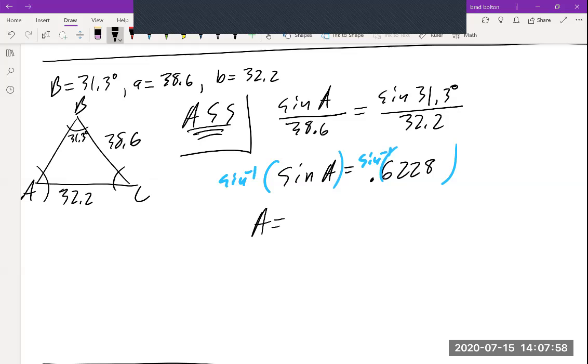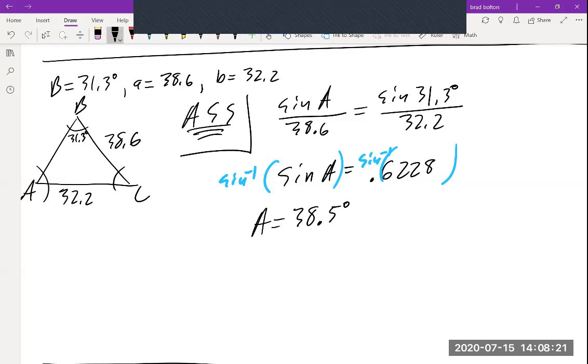I'm just going to use the 0.66622775689 that's on my calculator. I'm just going to plug that in. And I get 38.52 degrees. Okay, how many decimal places? They're only using 1, so let's just use 38.5 degrees. So we now found angle A.